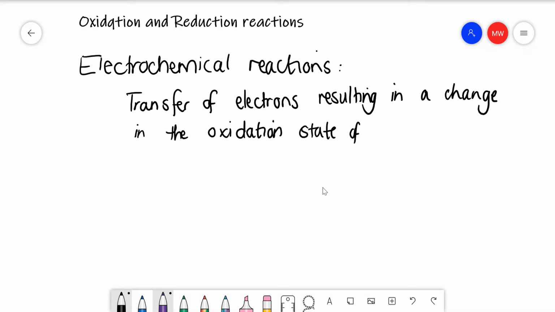So we're basically just looking at how elements or compounds are changing their oxidation states based on a reaction that's taking place.